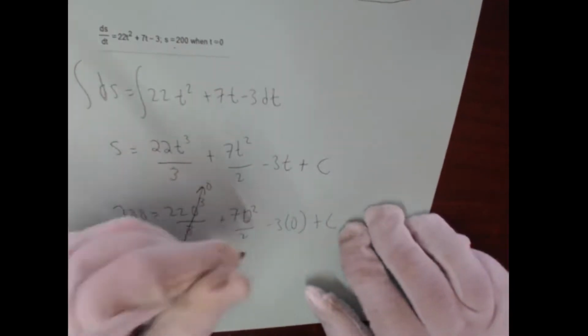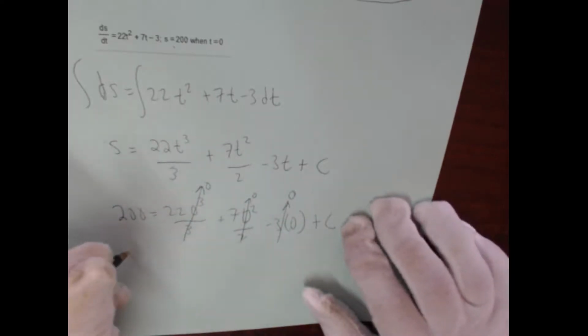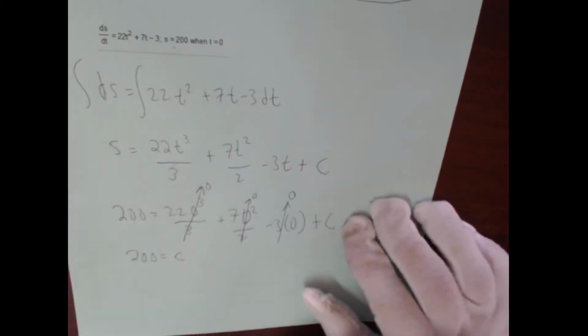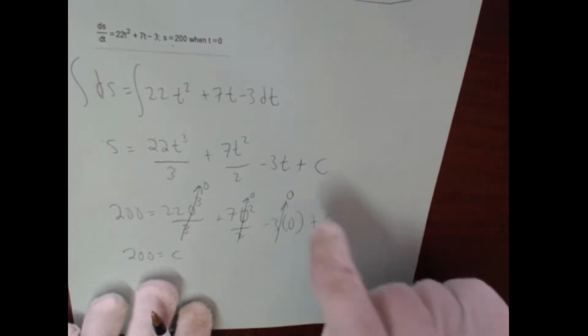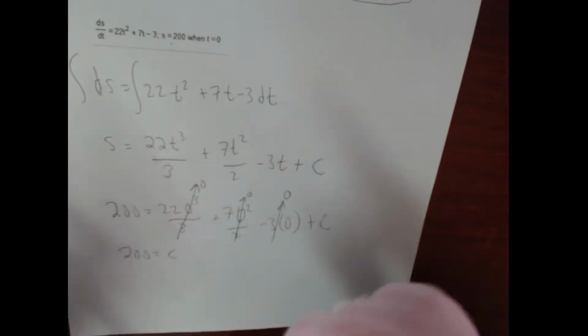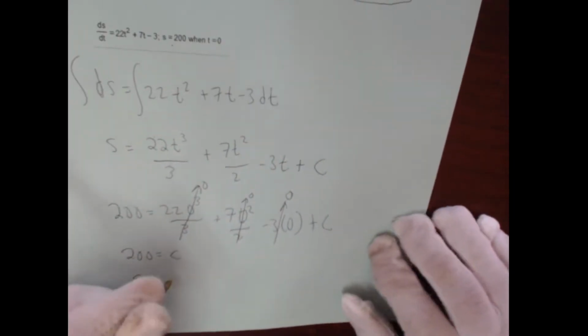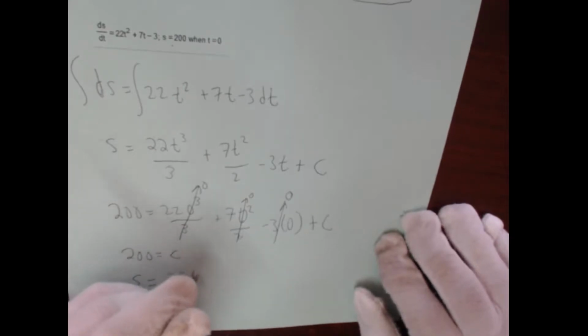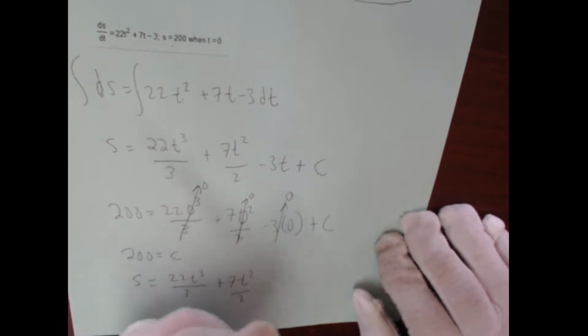They make it 0 to make our lives a little easier, because all three of those terms go to 0, so we get that c is equal to 200. As I said, they don't have to be nice like that. You could put in a value for t and s and then calculate what c actually is. But this enables us to narrow down our equation to just one equation.